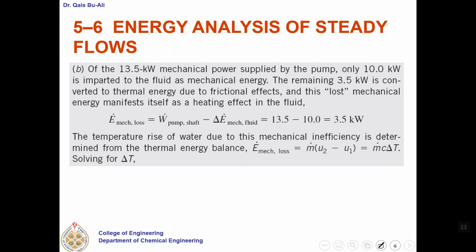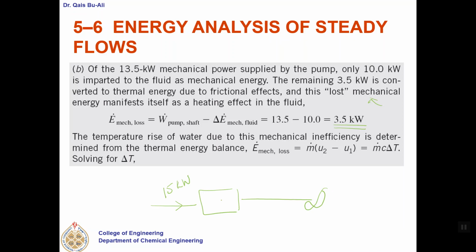What's next? Next is to find the energy or the temperature rise. First of all, we know that we have lost 3.5 kilowatts. You can go through this because the input was 13.5, if you remember. Let me show you again: here was 15 kilowatts electrical energy in.